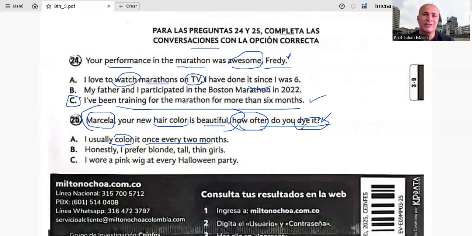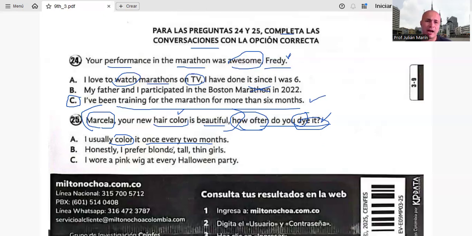Notice that they are also checking your knowledge of vocabulary, even though color is mentioned only in the first part of the conversation. Understanding what dye means is essential. It is the verb of painting or changing the color of your hair. So this one for me is a good prospect. But anyway, we should evaluate B and C.